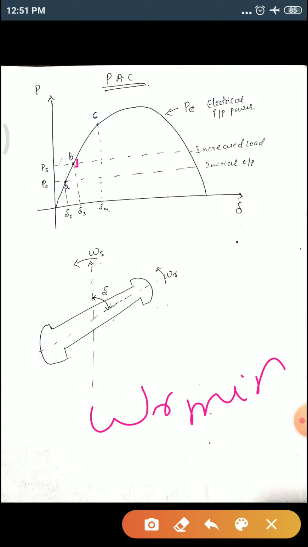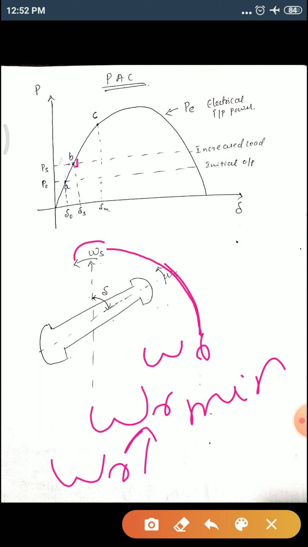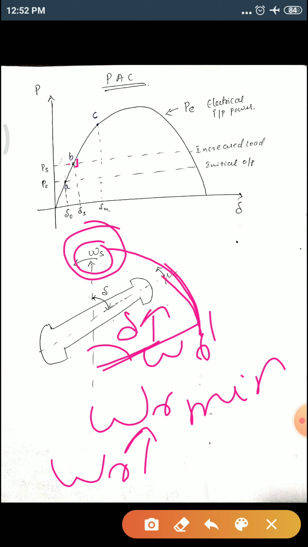Once it reaches B, after a certain time, after point B, your omega r starts increasing. But even though omega r starts increasing, it cannot be equal to omega s. It gradually increases, but it is still behind the speed of omega s. Delta is also increasing slowly.